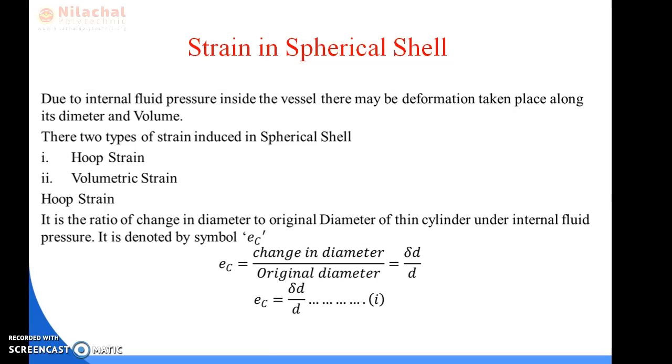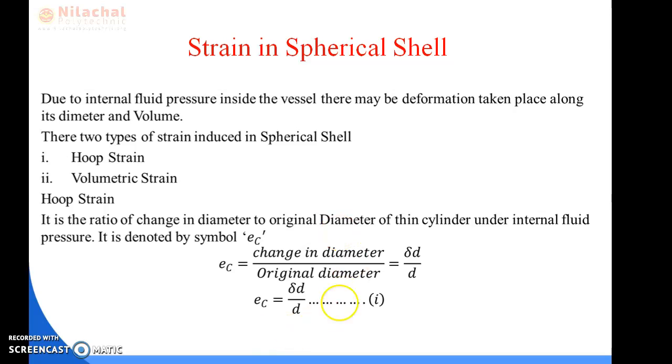Go for calculation of hoop strain. For a spherical shell, d is the diameter. While the internal fluid pressure is more, the diameter of the sphere will increase. So hoop strain is equal to the ratio of change in diameter to original diameter of the shell.